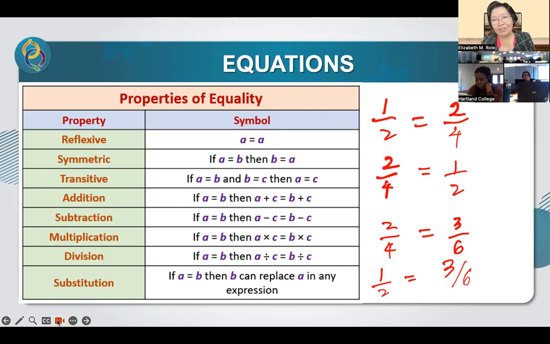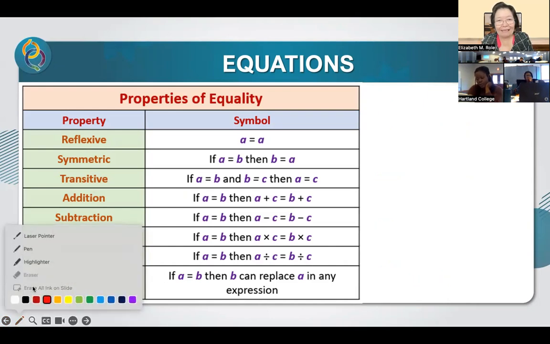Similarly, for subtraction, for A and B to be balanced, what you subtract on one side will be the same value that you should subtract on the other side, so that they will still be balanced. And when you multiply, you just multiply by the same constant, and A will still be equal to B. And if A is equal to B, you divide by the same constant, A will still be equal to B.